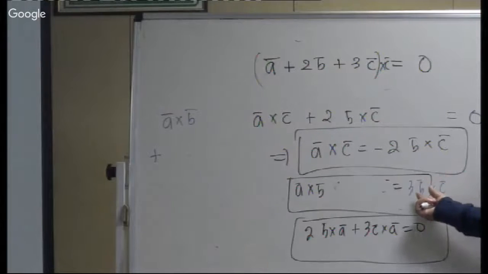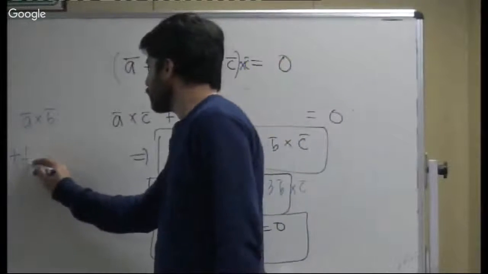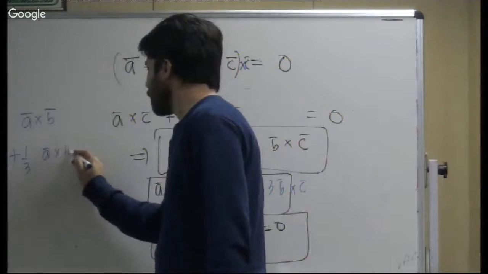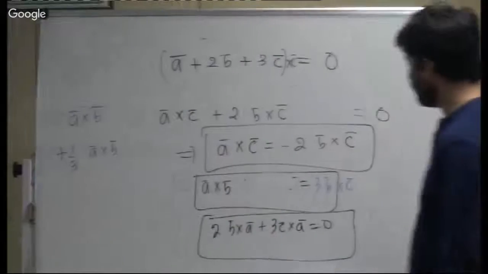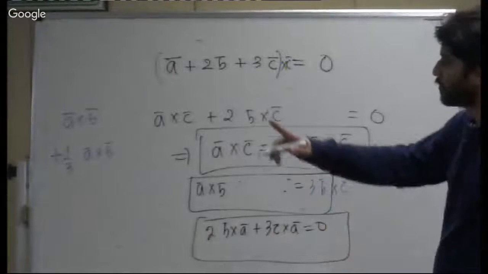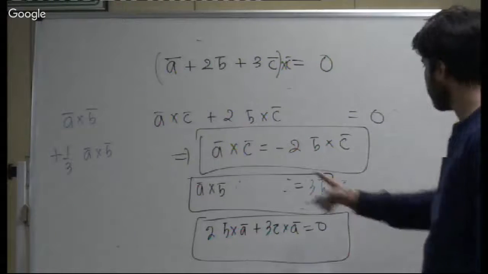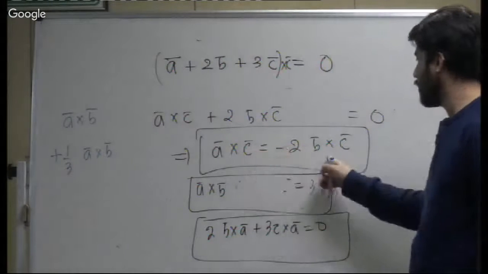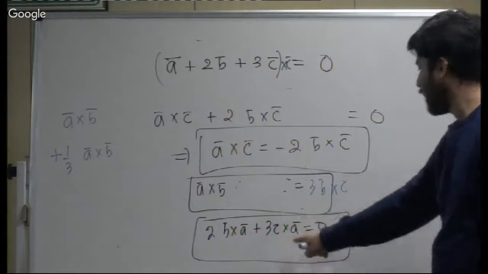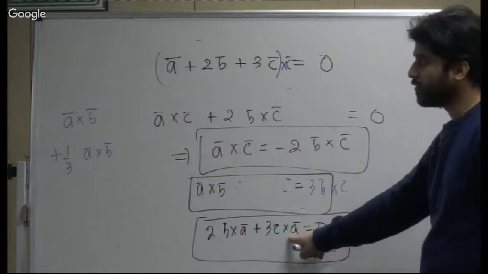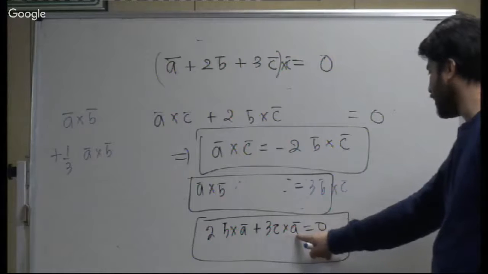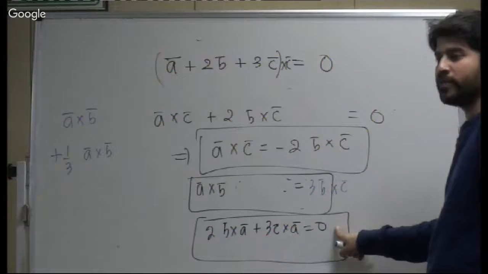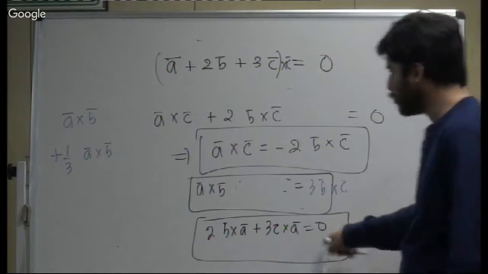So I can say my B cross C is A cross B by 3. And then I have to write C cross A. So I can say 3C cross A is minus 2B cross A, which means 2A cross B. So I can say 2 by 3.